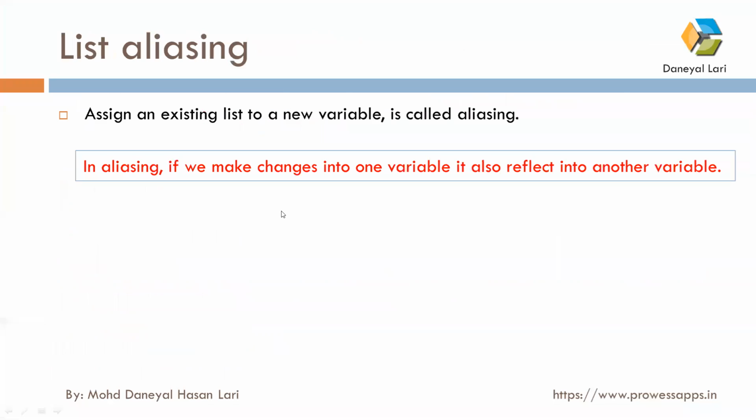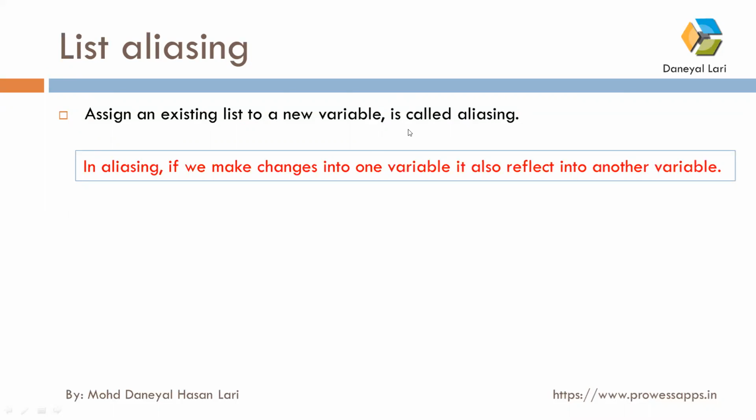If you want to perform some more operations, this is a very important aspect and term. This is called list aliasing. List aliasing means creating a new name for the existing list object. So assigning an existing list to a new variable is called list aliasing.